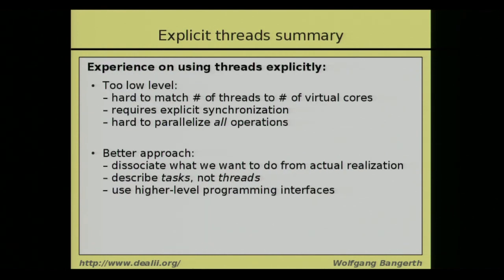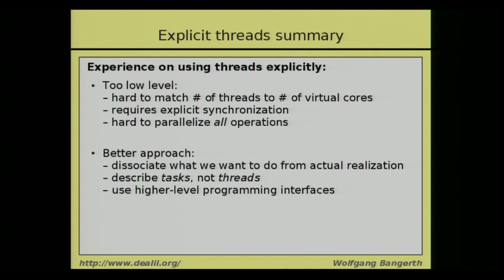So the experience when you use threads is that basically it's a too low level description of the problem. You have to match the number of threads to virtual cores. It requires synchronization. It's hard to parallelize all of the operations. So for example, a linear solver is hard to parallelize.